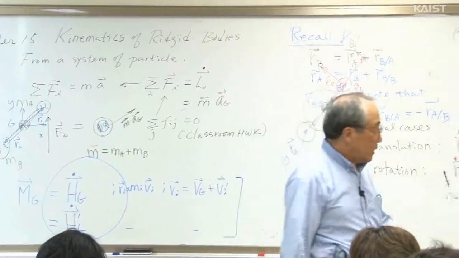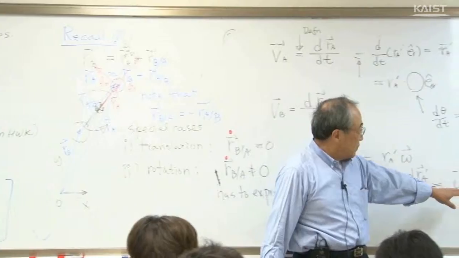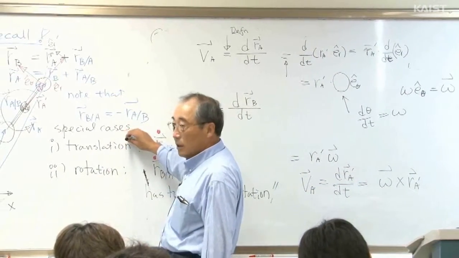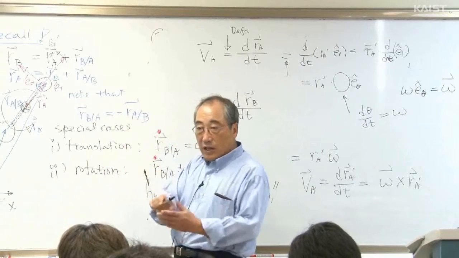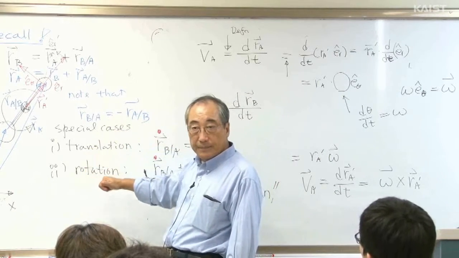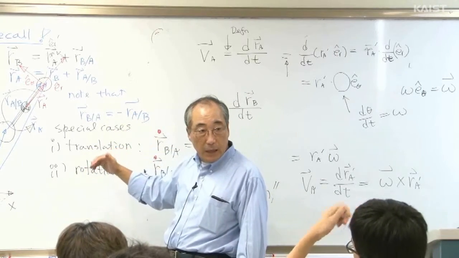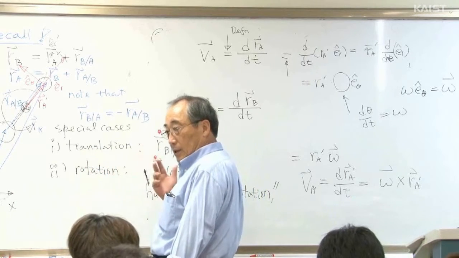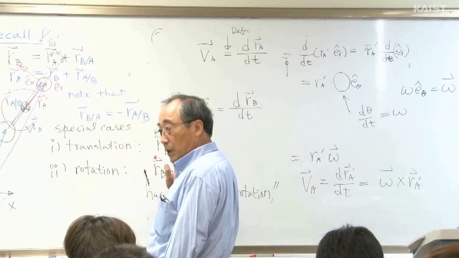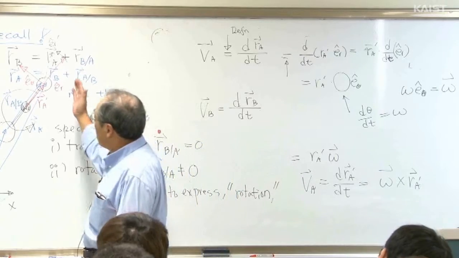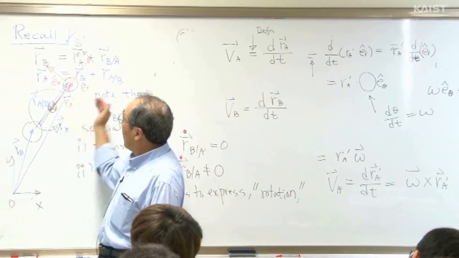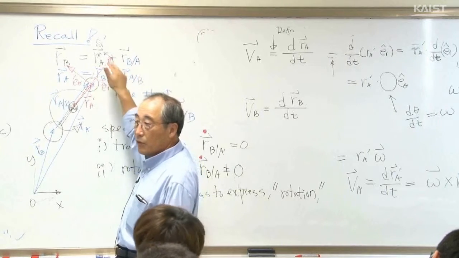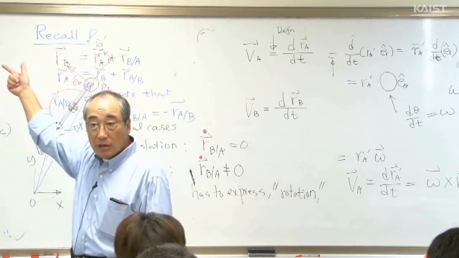Okay, let's see the direction of these two vectors. The omega vector is in this direction. Omega has this direction, cross product with the R vector. So omega cross product RA vector is in this direction, therefore it has this direction.